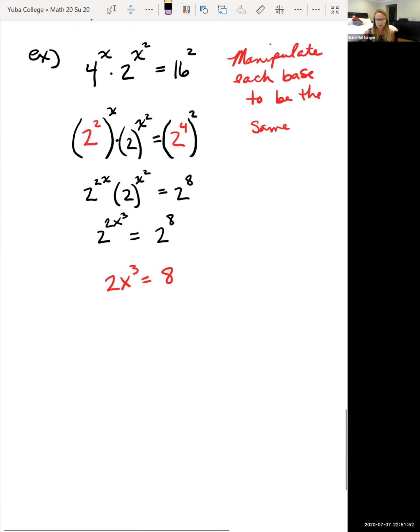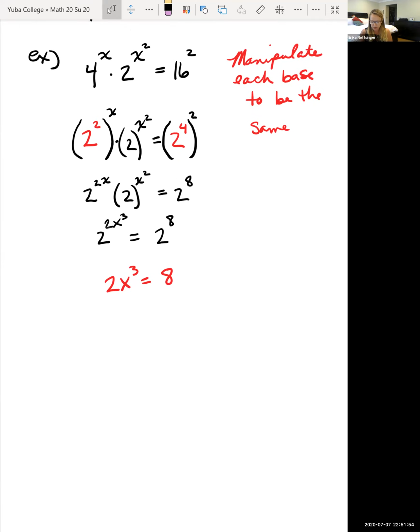And so we can use our rules of solving this type of equation: divide both sides by 2, isolate x cubed. We get 8 divided by 2, which is 4. Take the cube root of both sides, and we get x is equal to the cube root of 4.